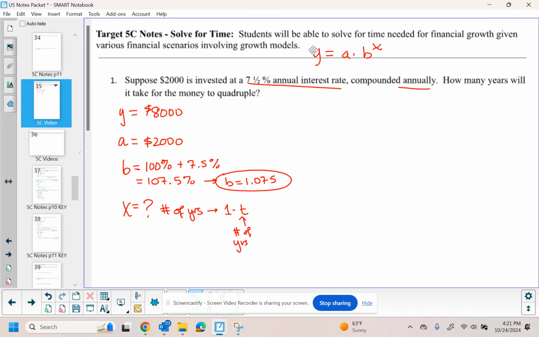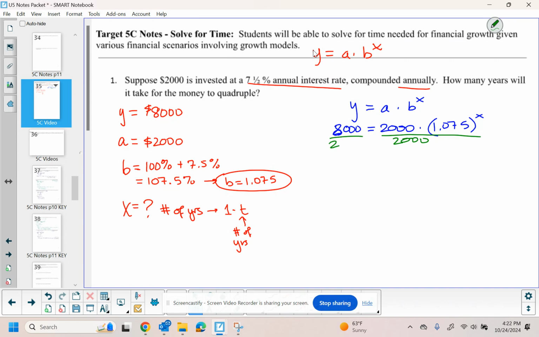Okay, so using this formula, I have 8,000 equals 2,000 times 1.075 to the x. So I'm going to divide by 2,000, which I already know will give me 4.